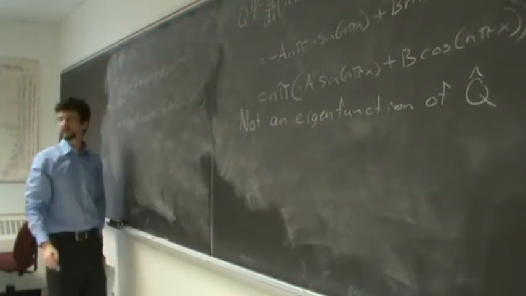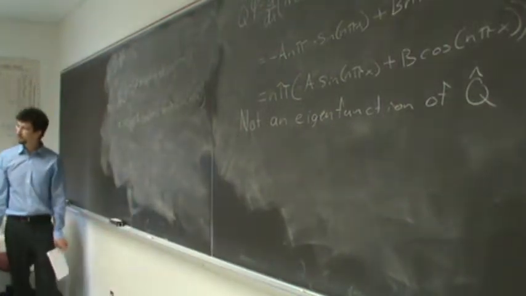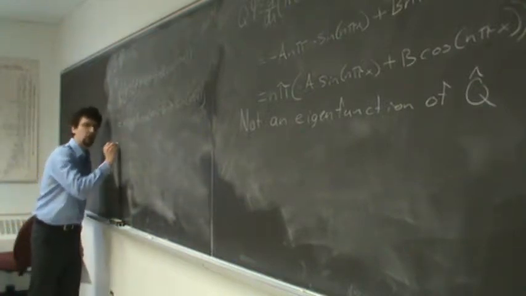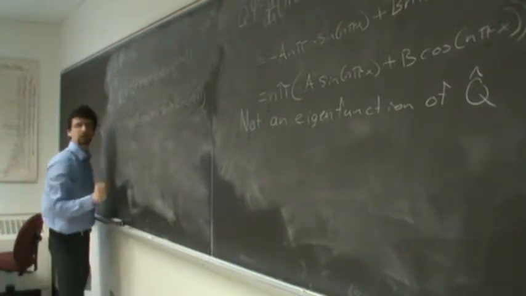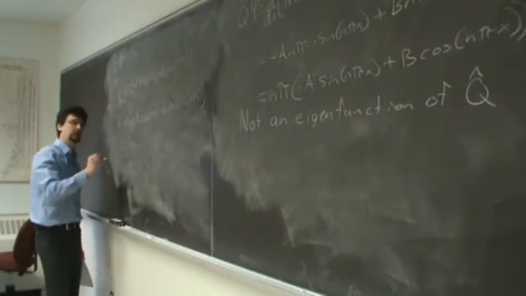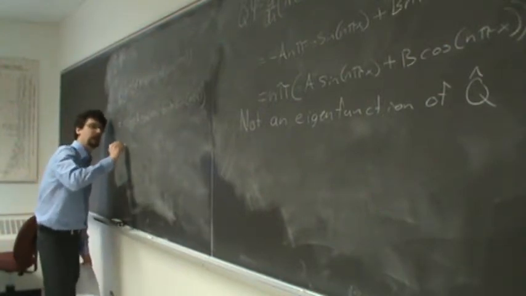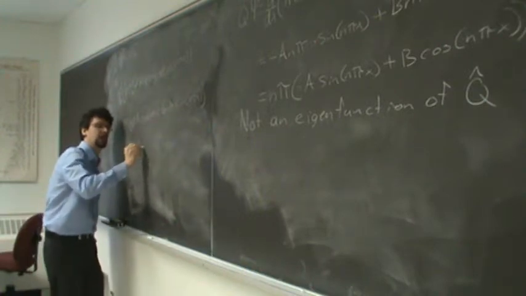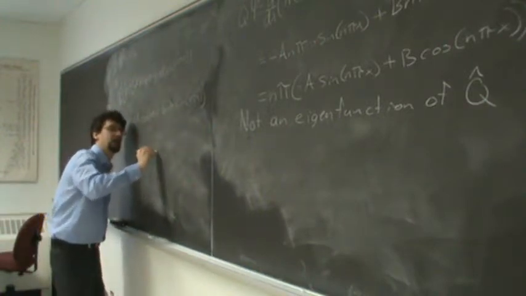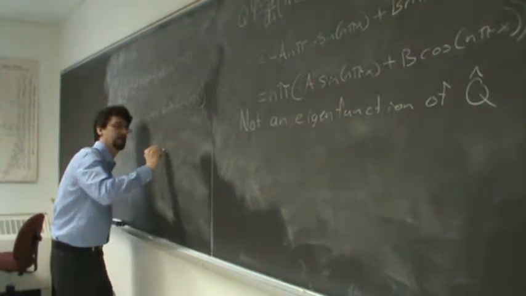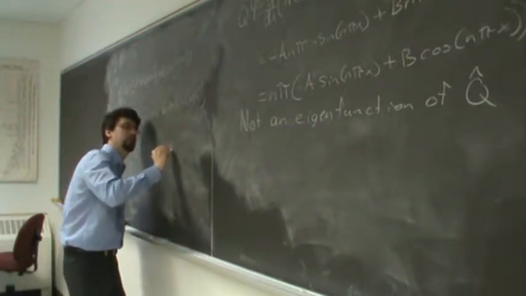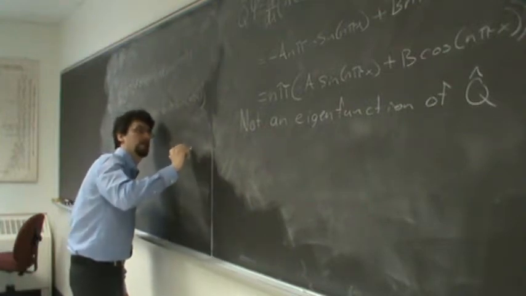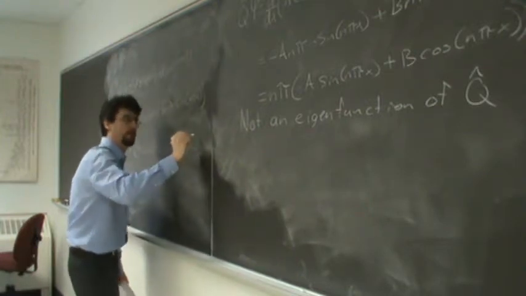Okay, looking at it real fast, do you think it's an eigenfunction? Yeah, it is. Let's pull out some stuff. Okay, what can we pull out from both of these terms? Negative n pi. Yep, so we pull out negative n squared pi squared, all times a cosine n pi x plus b sine n pi x.